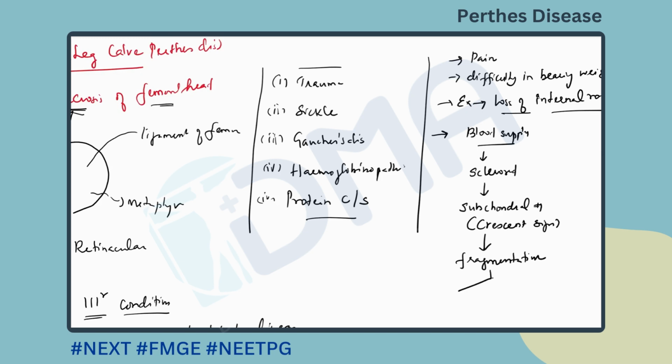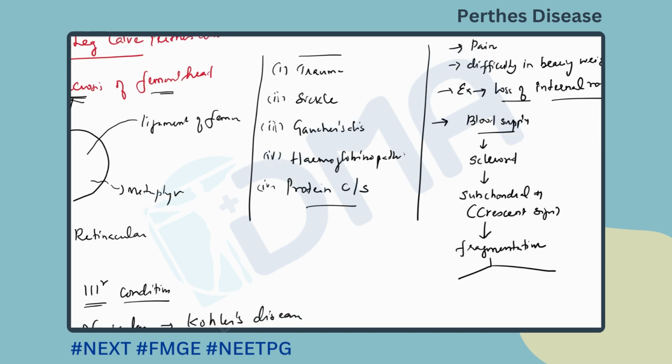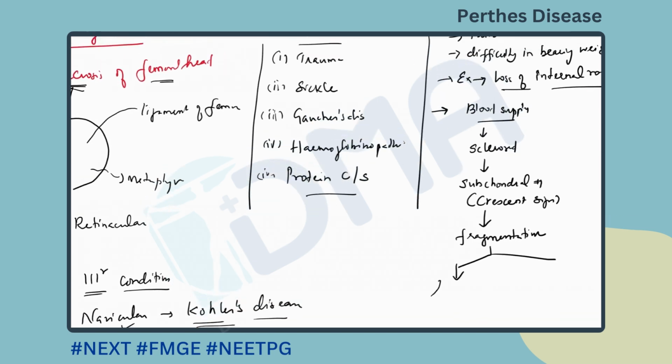If blood supply is provided at the right time, it can heal. If it is not, lack of blood supply destroys the cartilage and it results in arthritis of the joint.